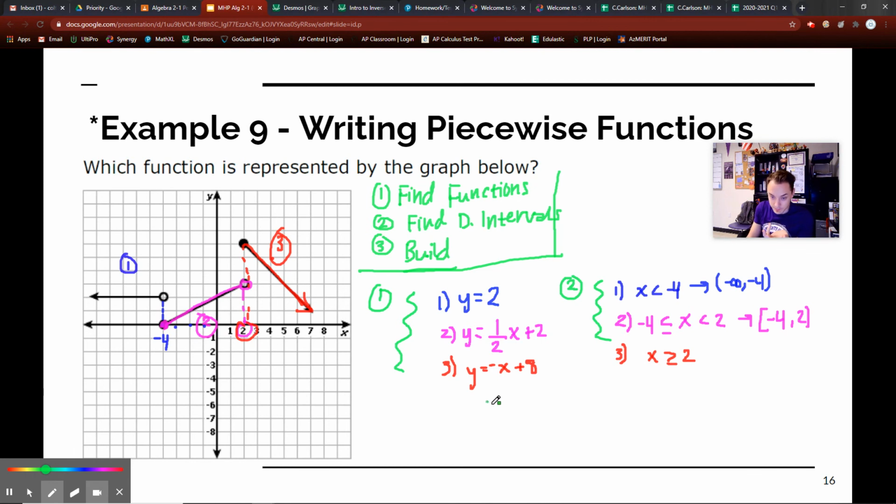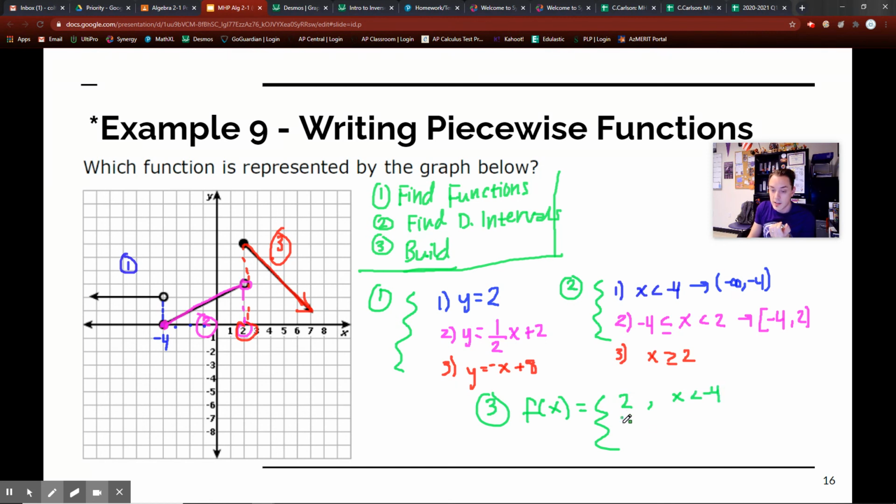We can build it. So my function, f of x, is this. F of x equals, fancy braces, okay? Starting right here, 2, where x is less than negative 4.